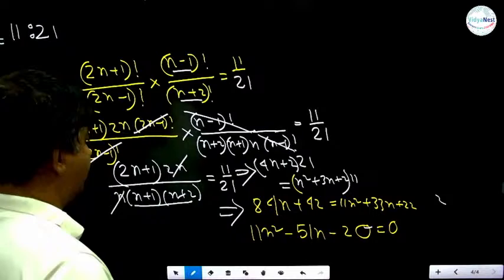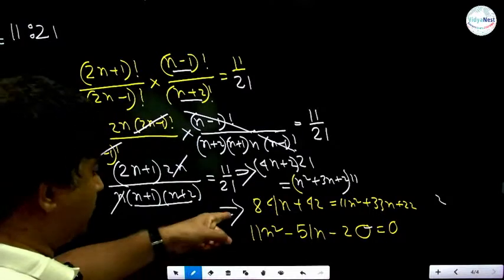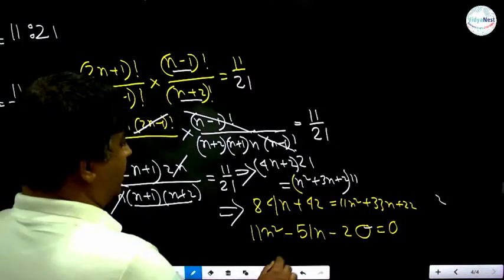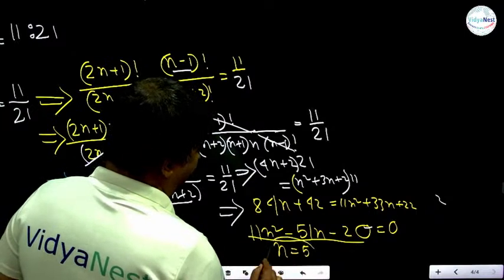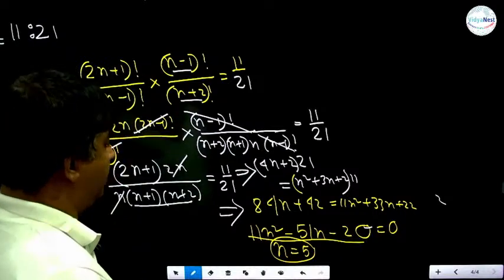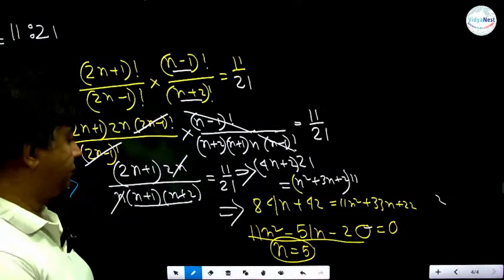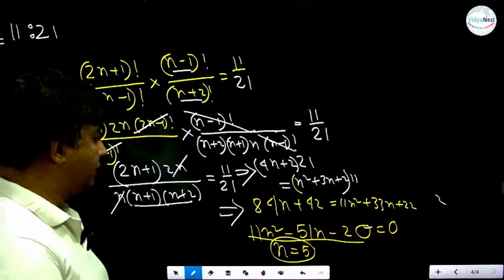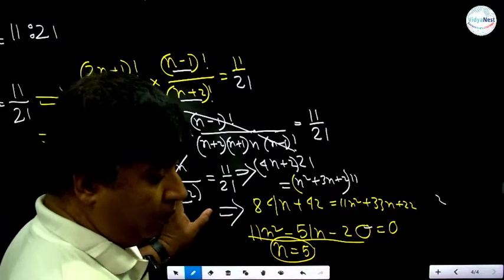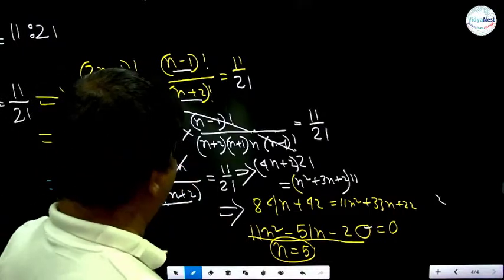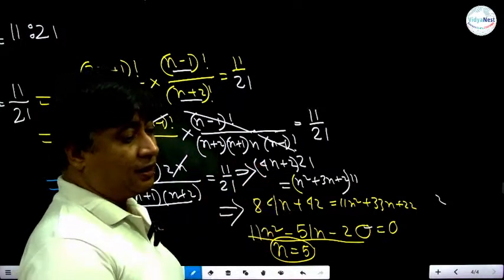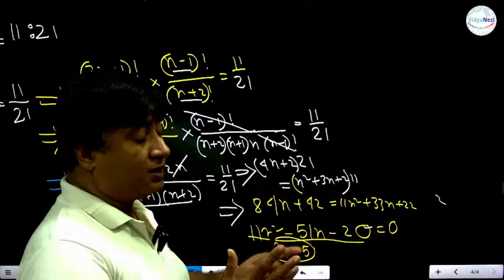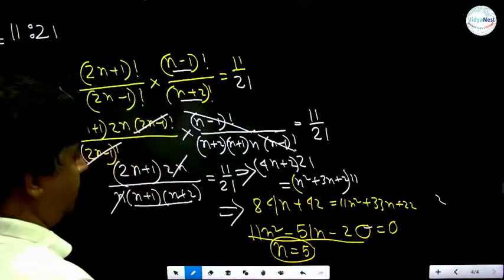Now, if you put 5, you see the equation will be solved. n is equal to 5 by middle term factor. So, this is the basic level formula that can bring some bonus marks in JEE level. Got it?